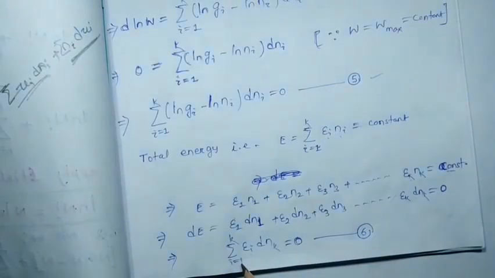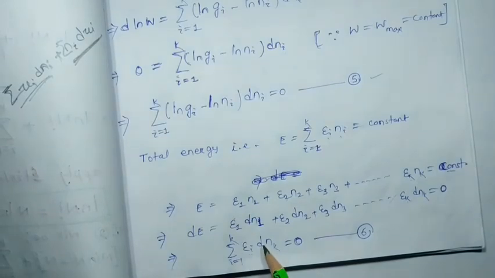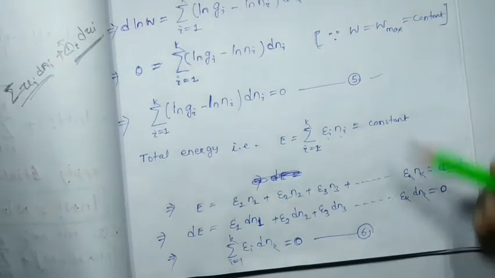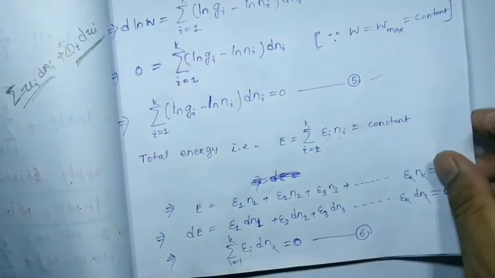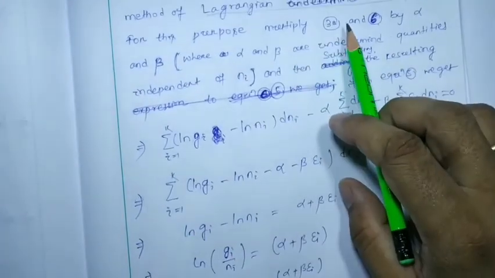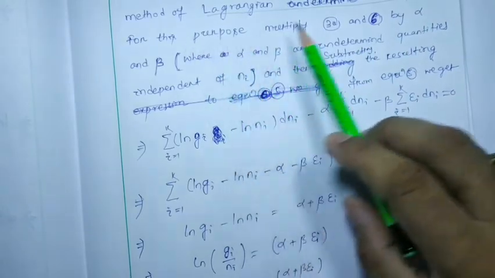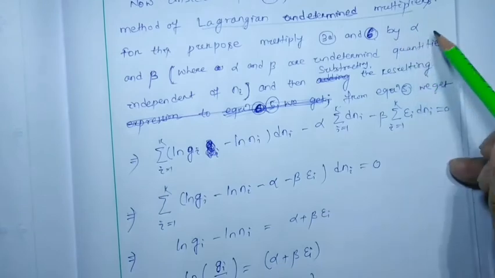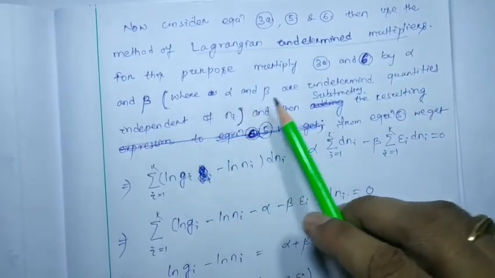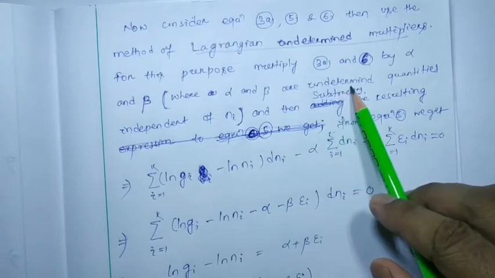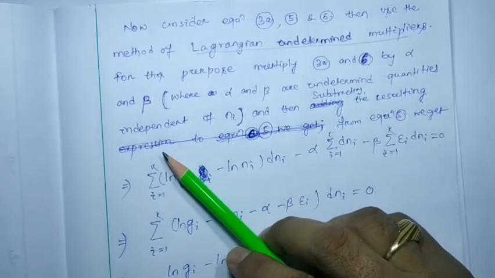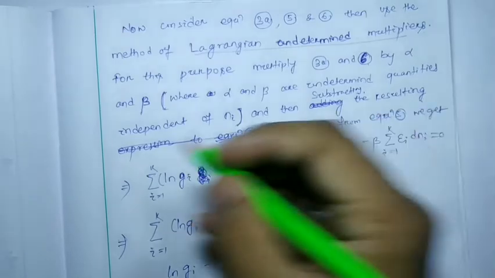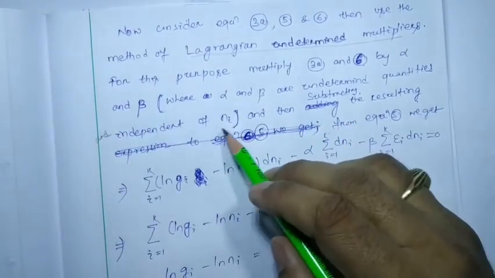Summation over i equal to 1 to k of alpha dni equal to 0, and summation over i equal to 1 to k of beta epsilon i dni equal to 0. After multiplication we have to just subtract from equation number 5. Here, alpha and beta are undetermined quantities and independent of ni.